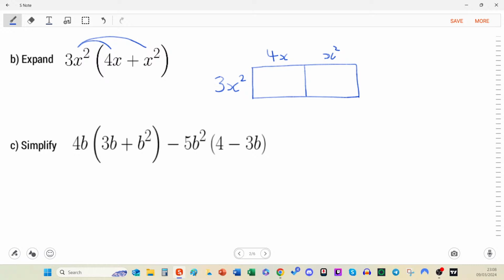It's the same thing. You've got two things to do, but it makes it a little bit clearer, I think. 12x cubed, and then 3x to the 4. Because you're finding the area, you add these two things together. So 12x cubed plus 3x to the 4. Okay, and that's the expansion of those two.